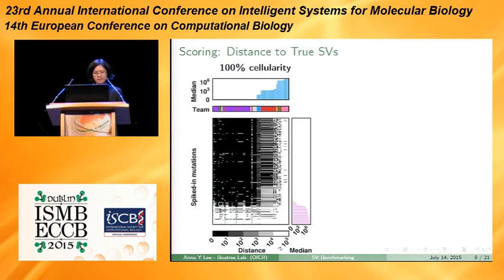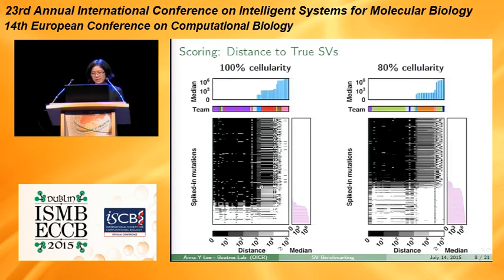And then along here, you can see the team membership associated with each submission. So this heat map is for the first tumor with 100% cellularity, and you could say maybe about 80% of the spiked in mutations are covered by predicted structural variants, and it does vary based on submission.